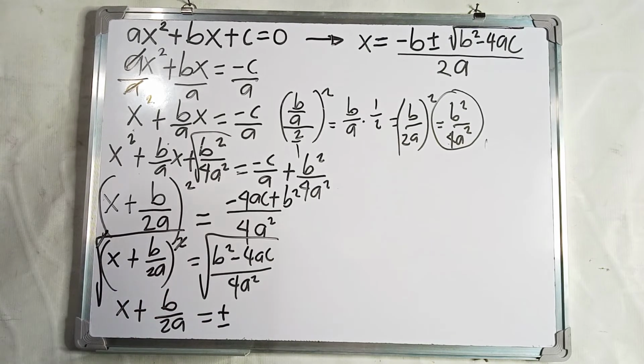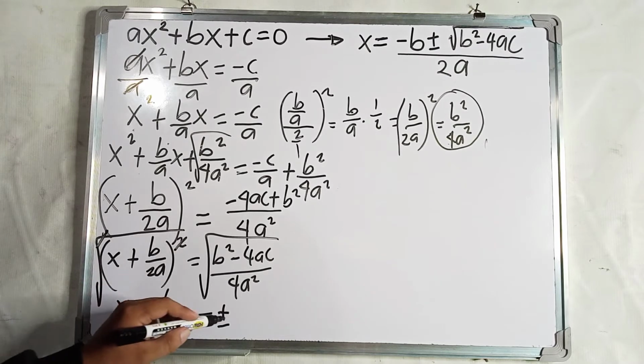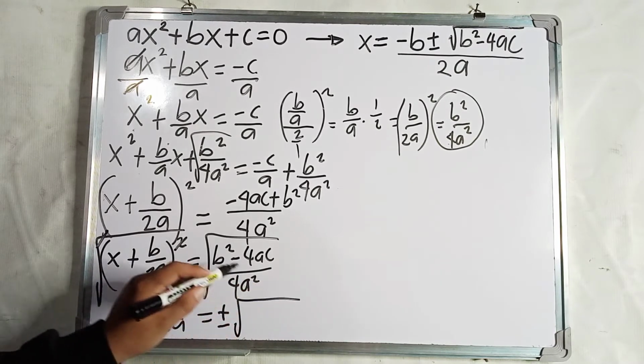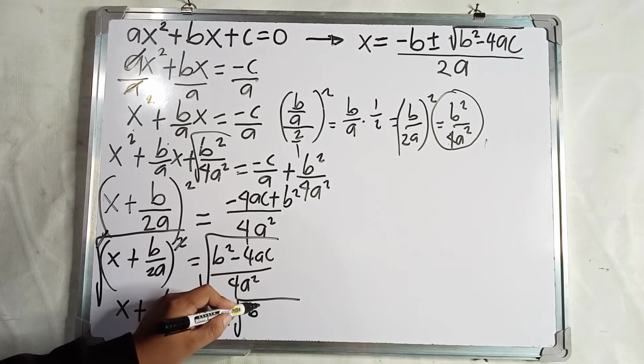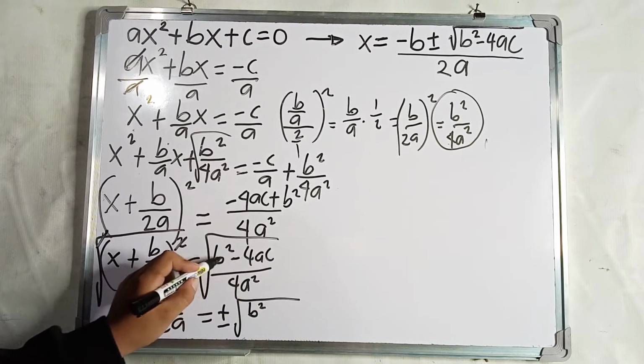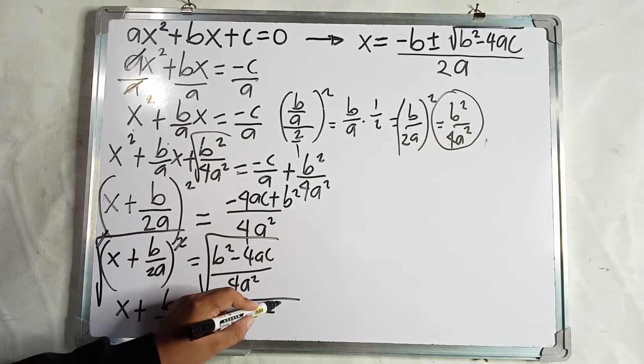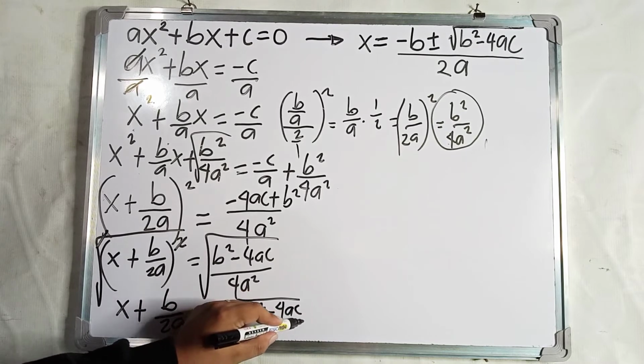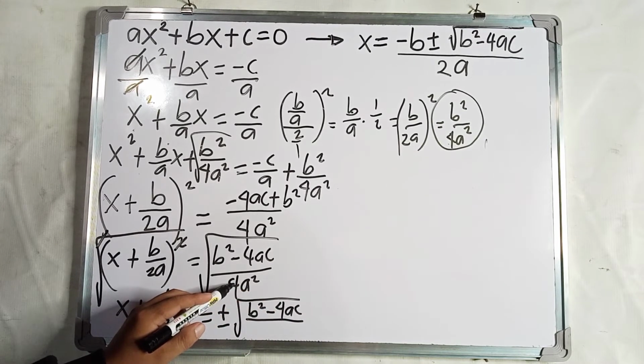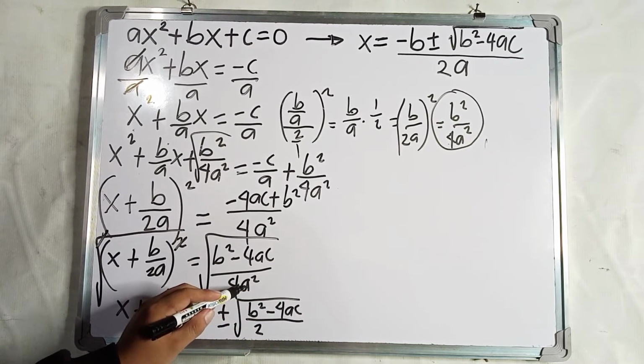So b squared minus 4ac remains, we cannot cancel it here. The square root of 4 is 2, and the square root of a squared is a.